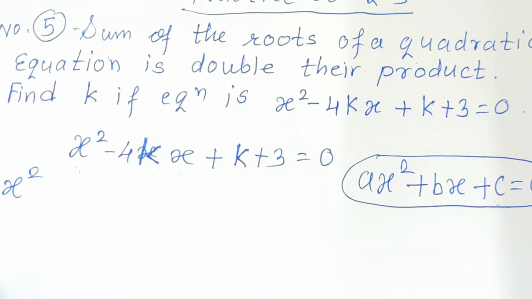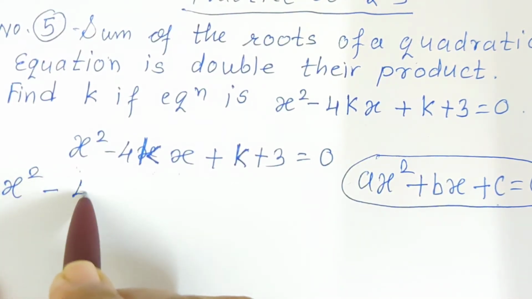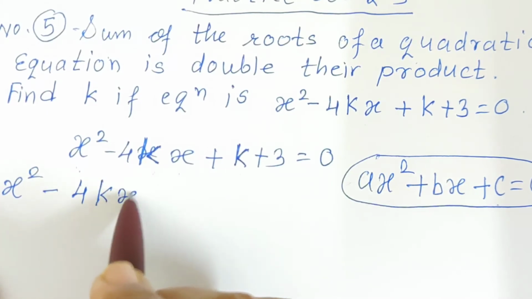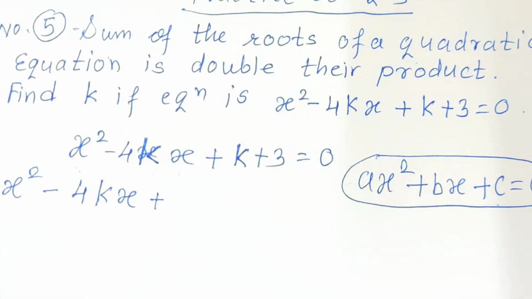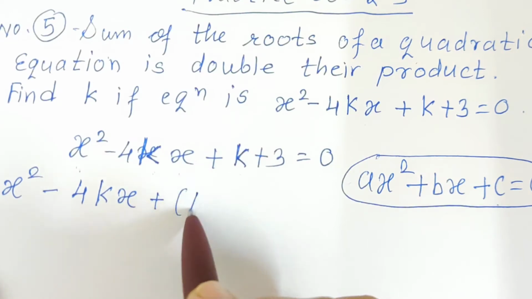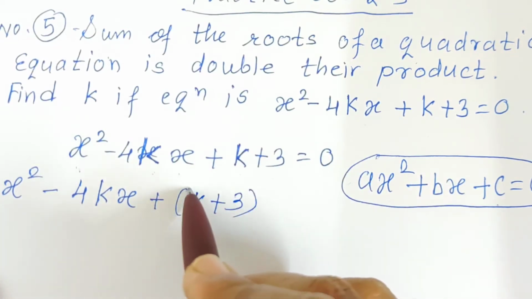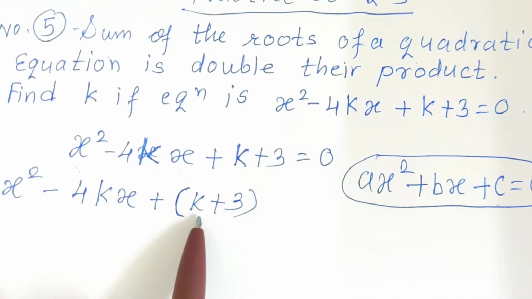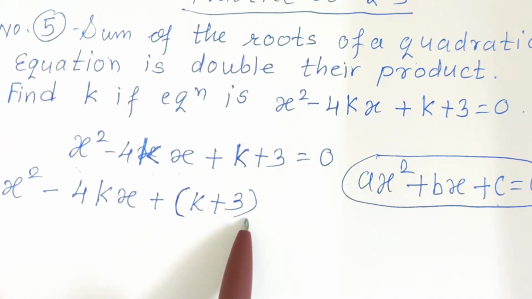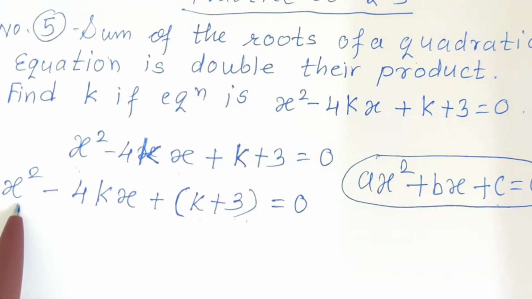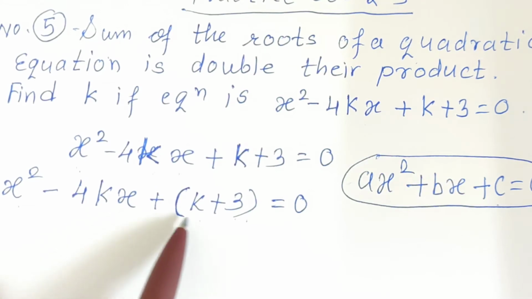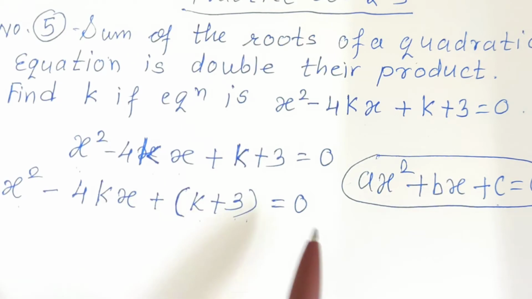Look here: x square minus 4kx plus, this last c term we will make a binomial term, that means k plus 3 in brackets. Now k and 3 are not separate terms, but k plus 3 is one term. So x square is the first term, minus 4kx is the second term, plus k plus 3 is the third term, equal to 0.